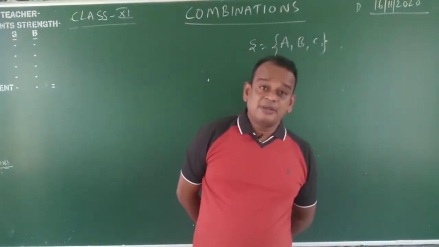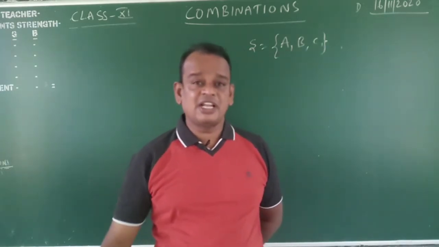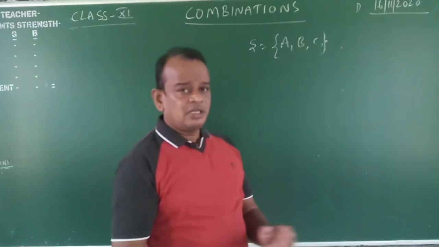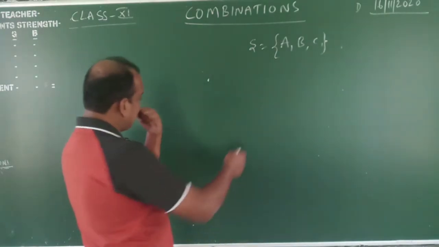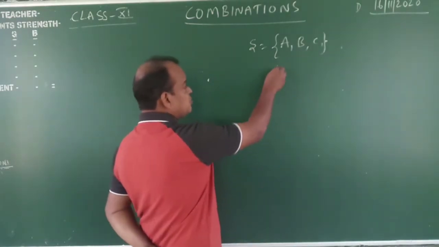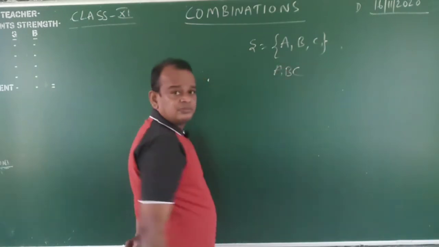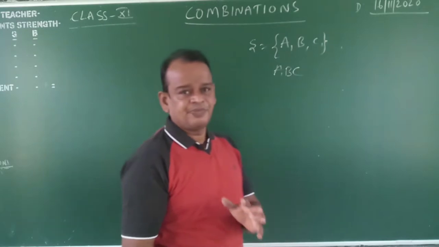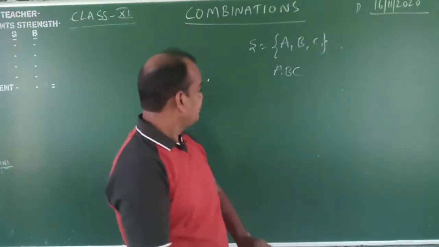We select 3 elements and arrange them; selection and arrangement is called permutation. We take 3 at a time. Suppose A, B, C, or 3 persons: Ramu, Raju and Mohan. We select and arrange. This is one way.